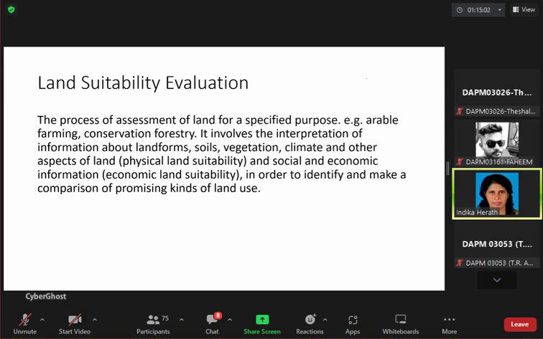Sometimes we also consider social and economic information in order to identify whether this is a suitable land for that purpose. Therefore, land suitability evaluation is a process that we conduct to assess whether the land is good for cultivation of that particular crop.